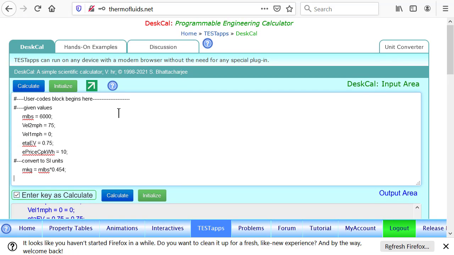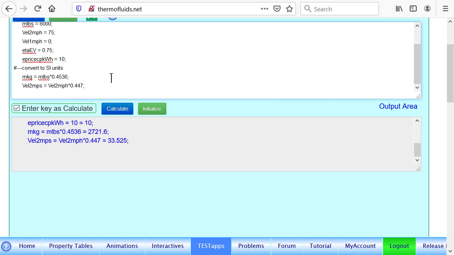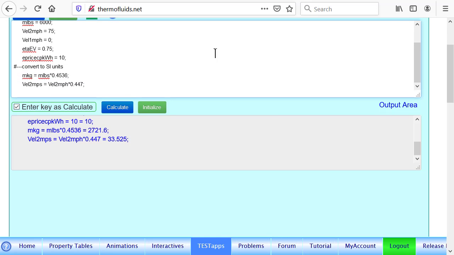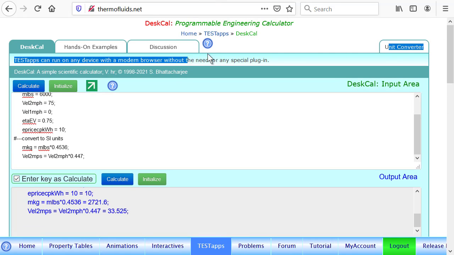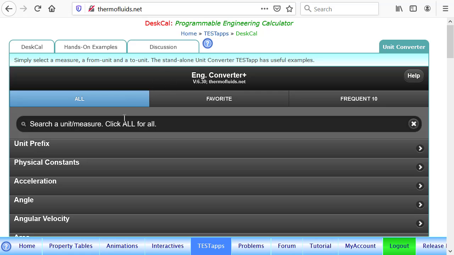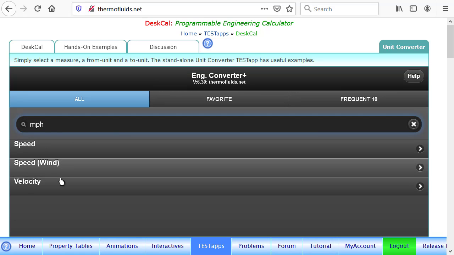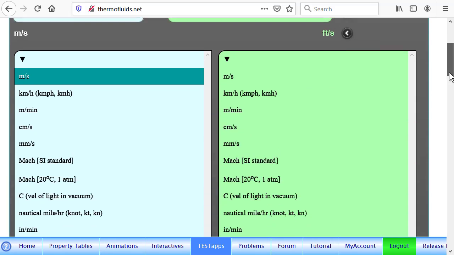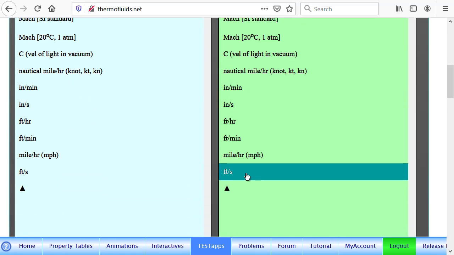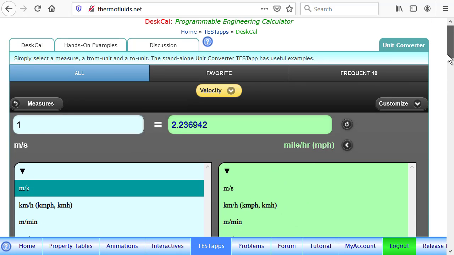Similarly, the velocity can be converted, and I have already done that here. I've done exactly the same thing, gone to the unit converter page and typed in mile per hour, and then basically meter per second, which is the default unit. The bottom half has the English units or units similar to English units, and the top half has SI units.